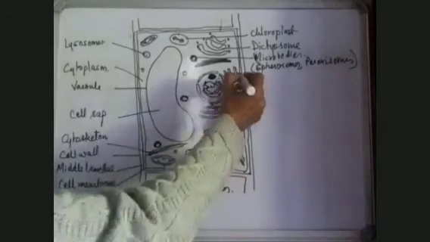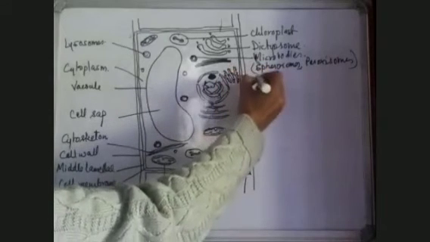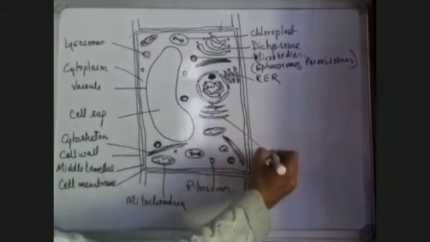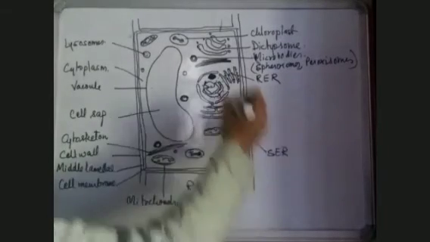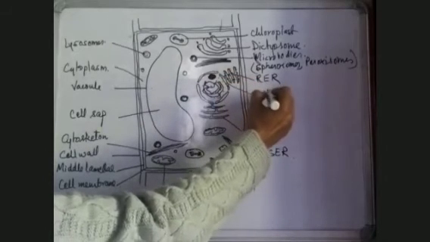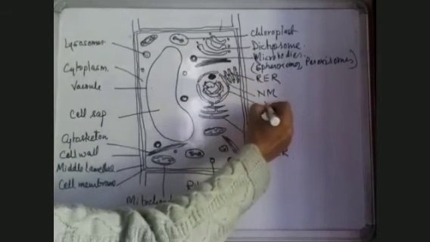Then we have this rough endoplasmic reticulum, RER, and we have the smooth endoplasmic reticulum, SER. Then besides this, we have this nuclear membrane, NM. We have this nuclear pore.